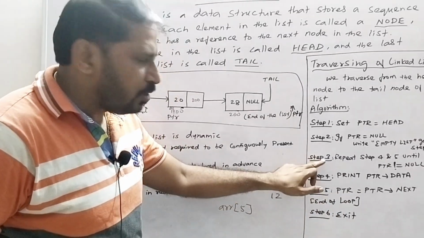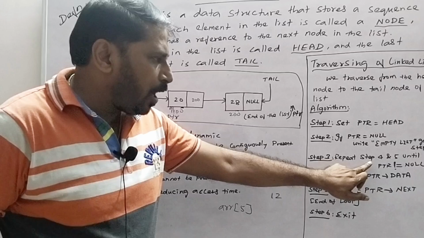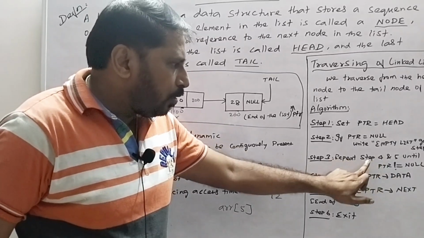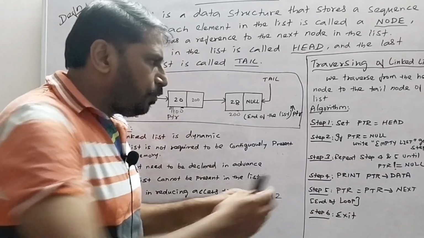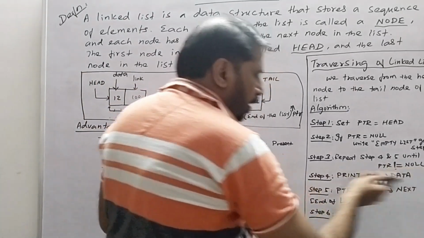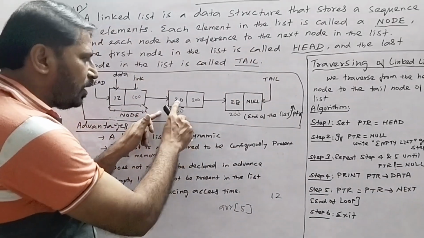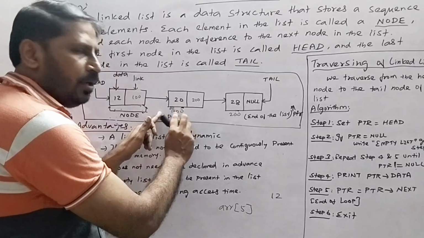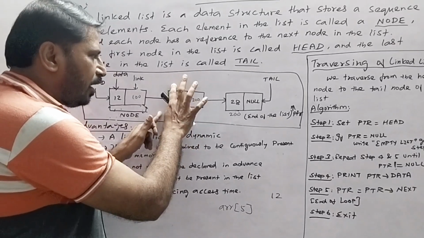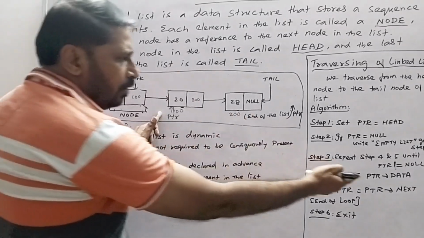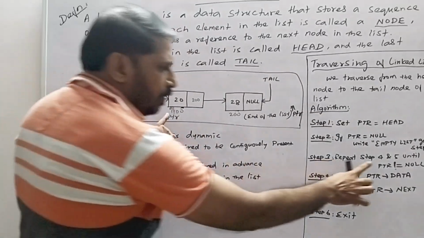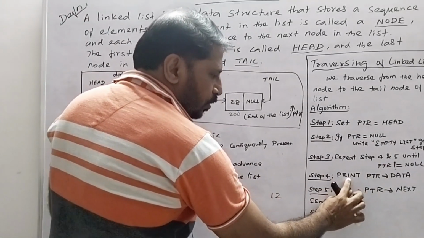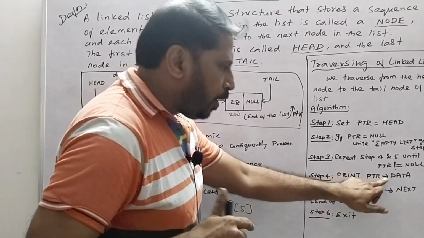Once again we go to the third step, repeat steps 4 and 5 until pointer not equal to null. We check the condition here. The pointer value is 20, it is not equal to null. So this is the data part, pointer dot data. We execute step 4, print pointer data.